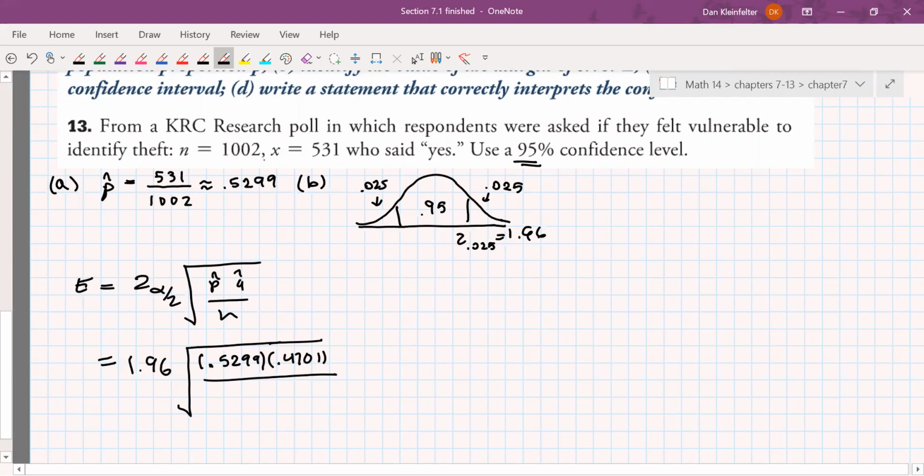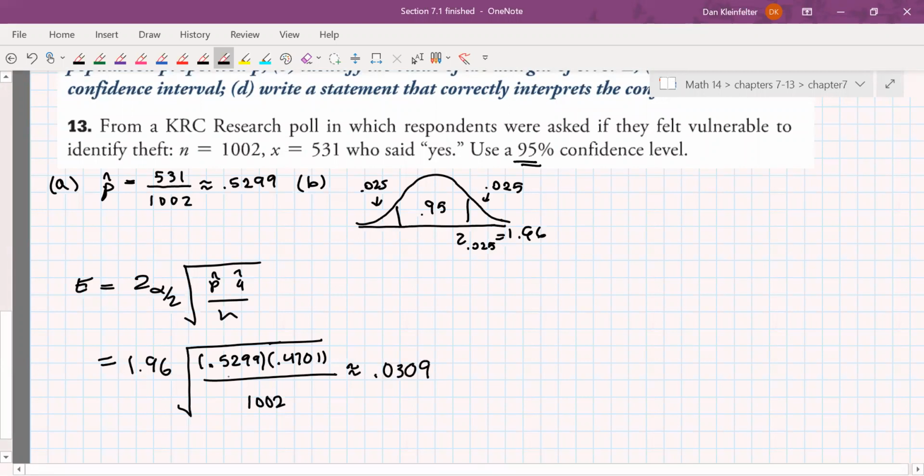And then our sample size was 1002. So let's go ahead and calculate that. All right, so I'm getting 0.0309.